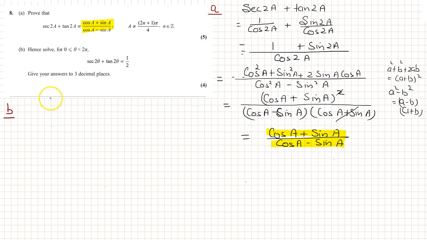So this is already equal to (cos theta plus sine theta) over (cos theta minus sine theta) is equal to half. So it means 2 cos theta plus 2 sine theta is equal to cos theta minus sine theta.